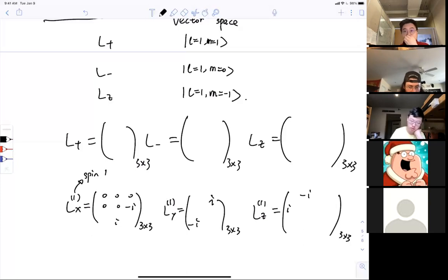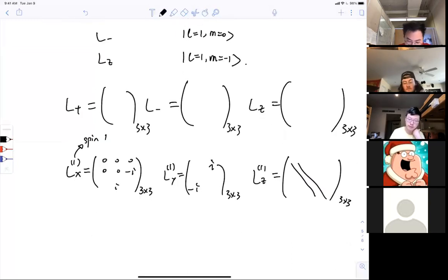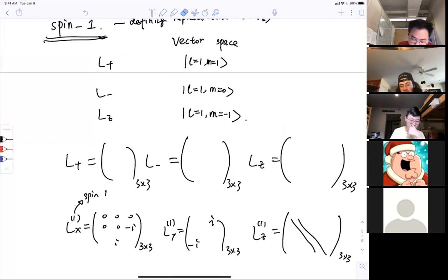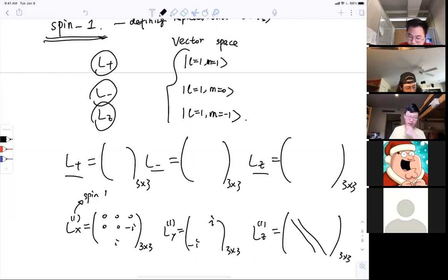Wait, no, I don't think so. This sigma z should be diagonal, right? But anyway, I think you get what I'm saying here. Once we understand how these generators act on the basis, we can figure out the matrix form of these generators.